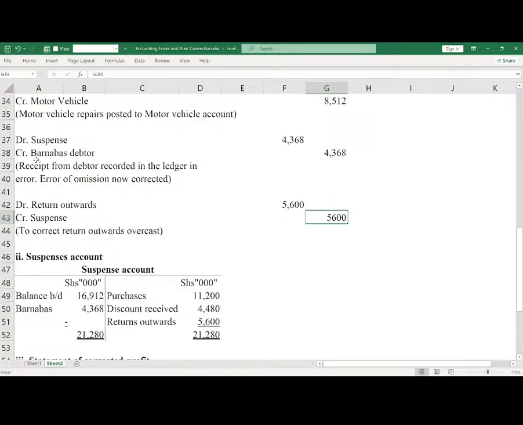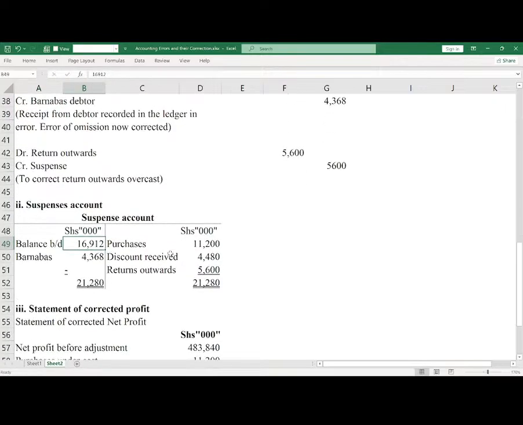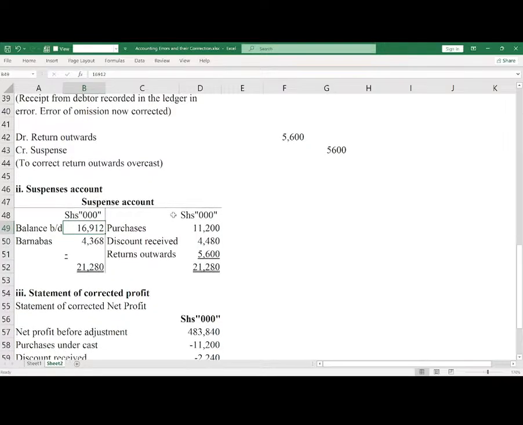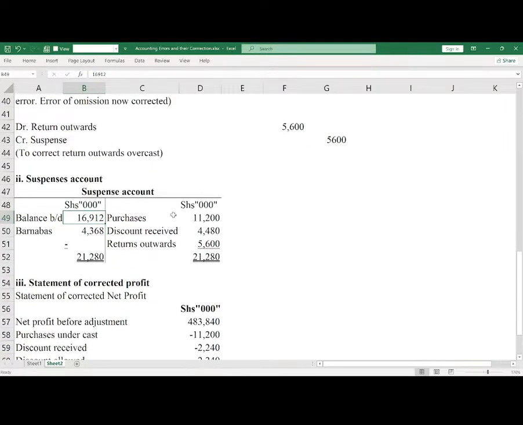So on the debit side, we are going to debit the Barnabas debtor of 4,368. When we add this, we are going to get 21,290. So the balance figure shall be 6,912. So that is the balancing figure, or the balance brought down, in our suspense account.